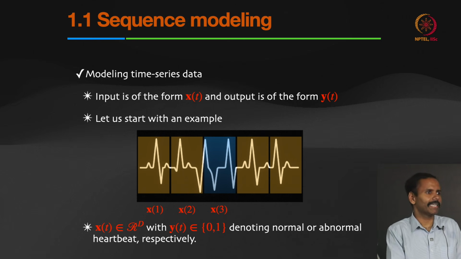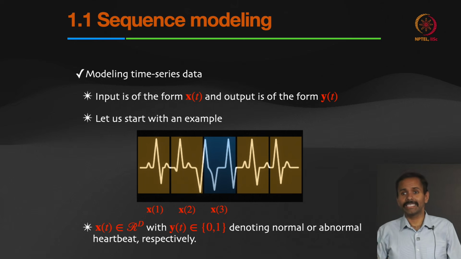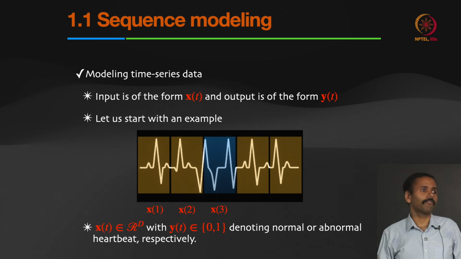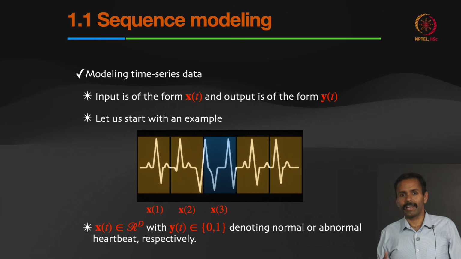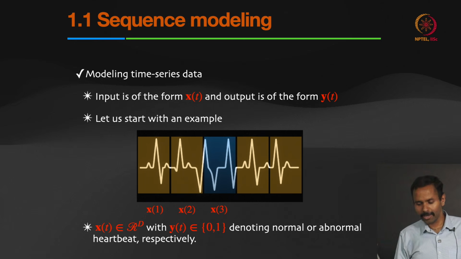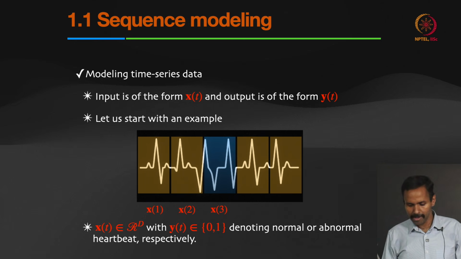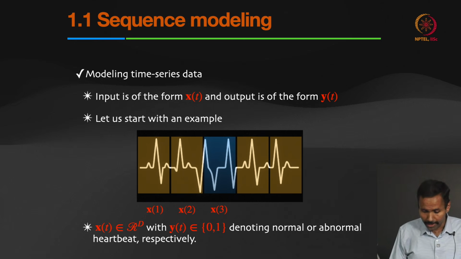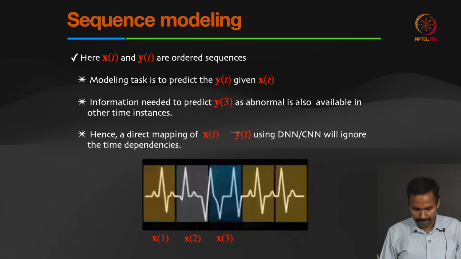You want to add your sensor data, feed it to a model, and then the model constantly keeps monitoring and checking your heart activity, and you may add additional logic on top of it. Maybe if there is abnormal activity for more than 10 seconds, you give an alert. If you have more than 40 or 50 seconds of abnormal activity, then you start making a phone call to an emergency number. So this sort of additional logic you can put in to ensure more utility of this kind of monitor.